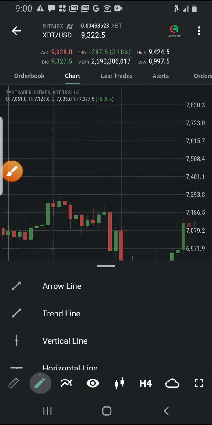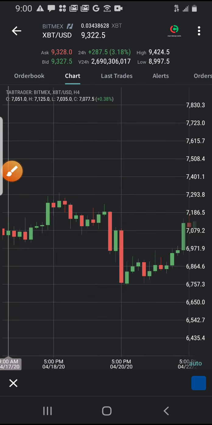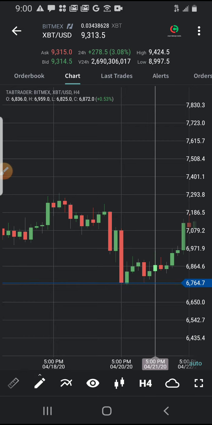When you sell the coin, you are selling at this price level of 7,001, and you can buy back at this price level of 6,007. You have saved yourself $300 profit.